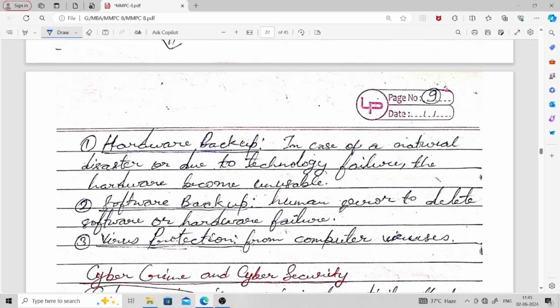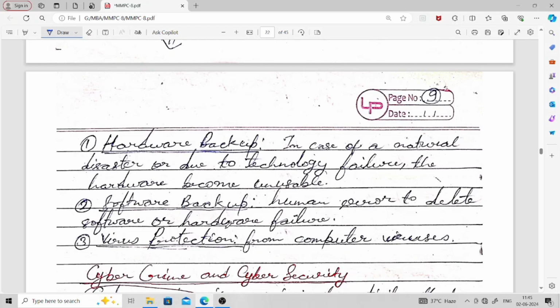So we should keep ourselves informed that it is possible that some software may be deleted, or hardware failure may also happen due to human error. For those things we need to equip ourselves.